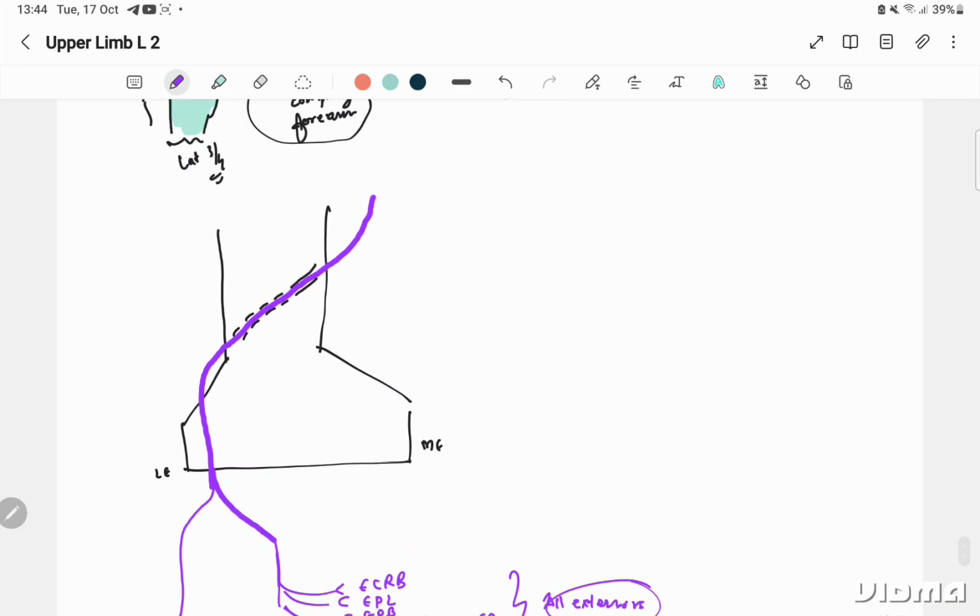Let's say what are the branches here? This is present in axilla. If this is the axilla, this whole region, it will give a branch to the triceps muscle, the long and the medial head of triceps.